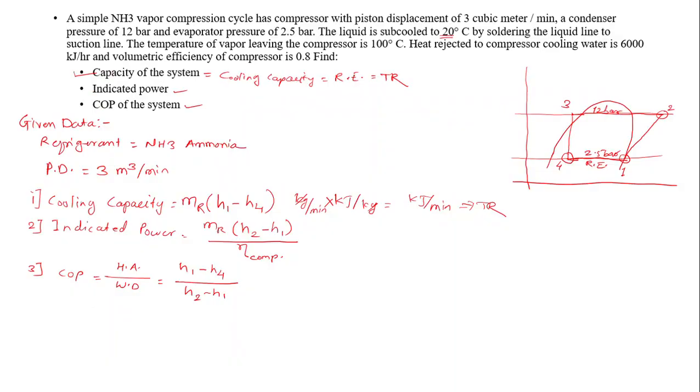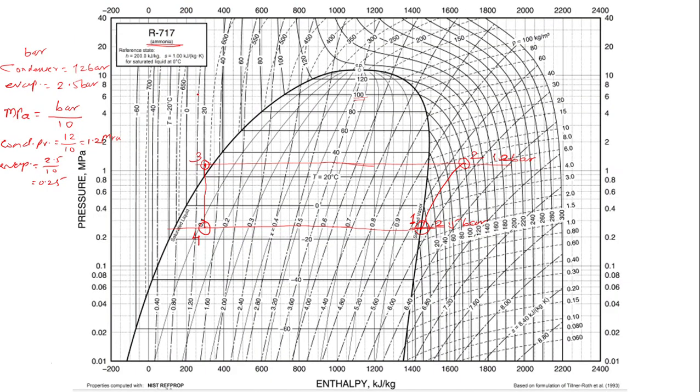When you mark a line with a scale, you will get the perfect value. For this moment, assume that this value is around 1420. Enthalpy at point 1 is 1420 kilojoule per kg. Then with respect to point number 2, it is around 1680.